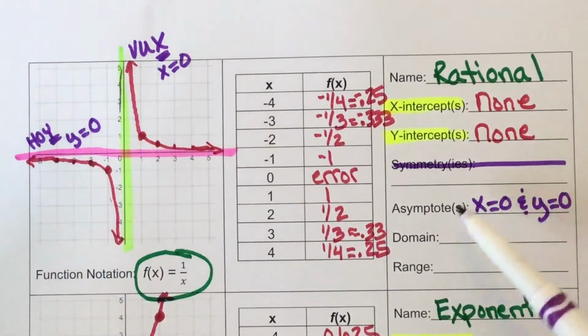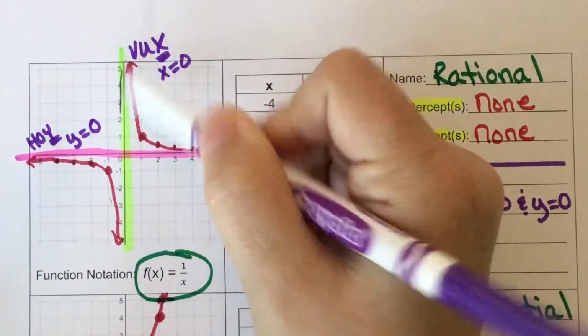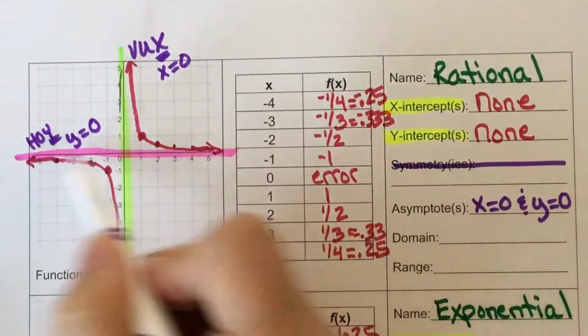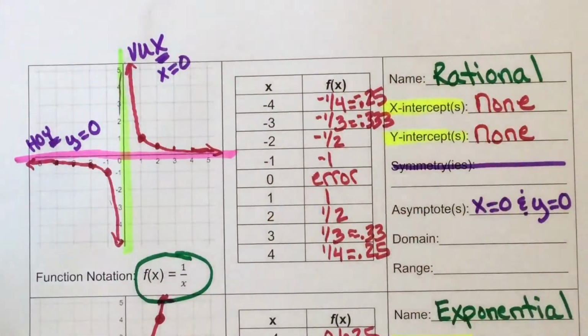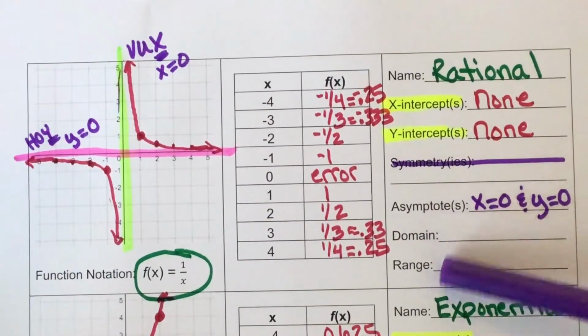Okay, so an asymptote is like an electric fence. This graph is not allowed to touch the y-axis or cross it, and it's not allowed to touch the x-axis or cross it. So when you have asymptotes, that puts some restrictions on your domain and range.